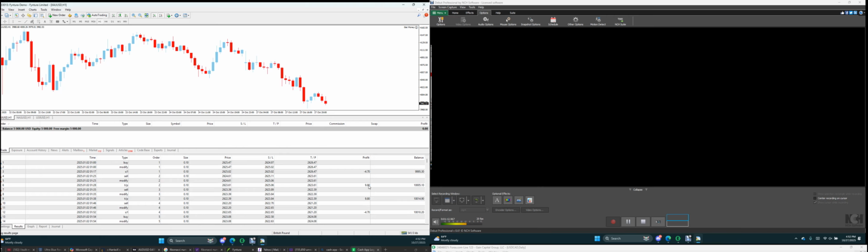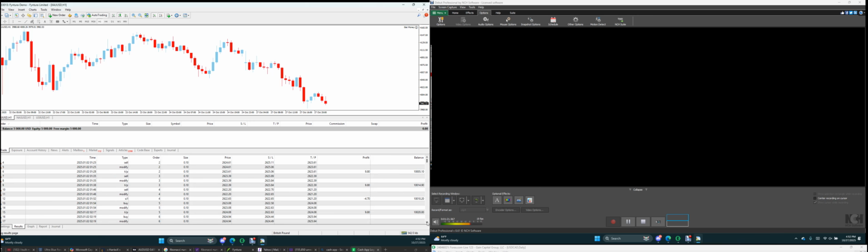Then it won the next trade. It went up to $10,005. Won the next trade, went up to 10,014. And kept going. It lost $4.70. So you can pretty much see here, all of the lot sizes are like 10 cent.